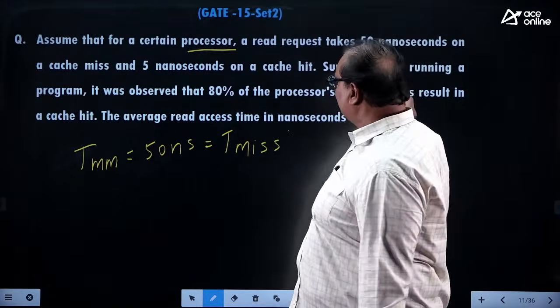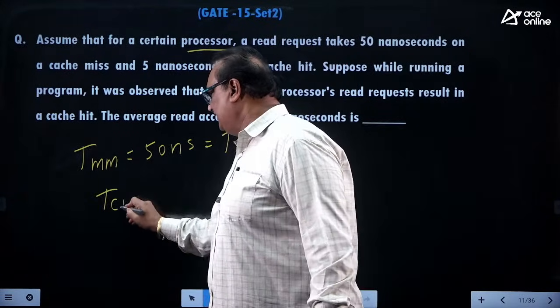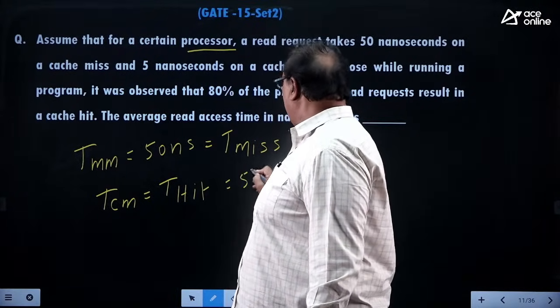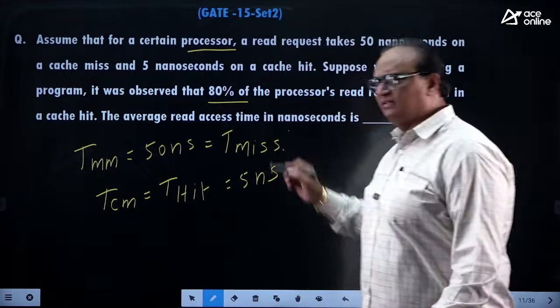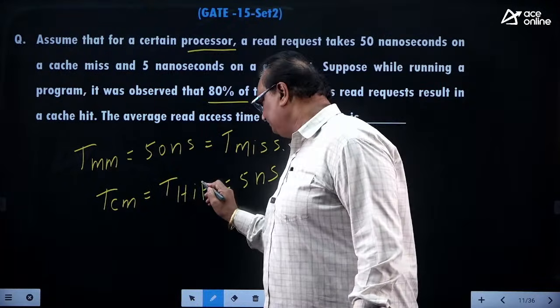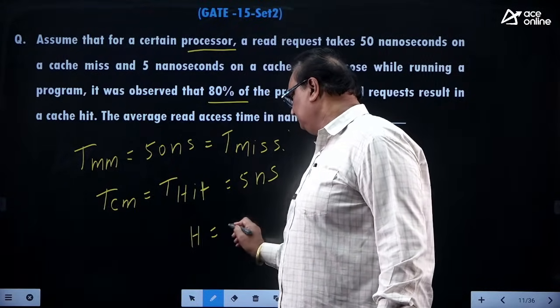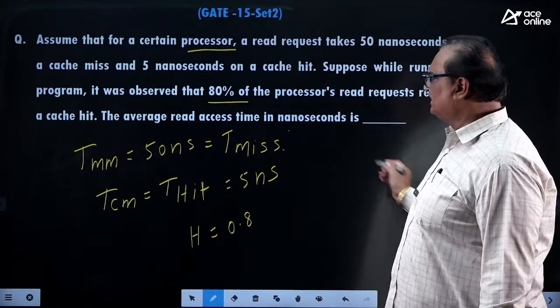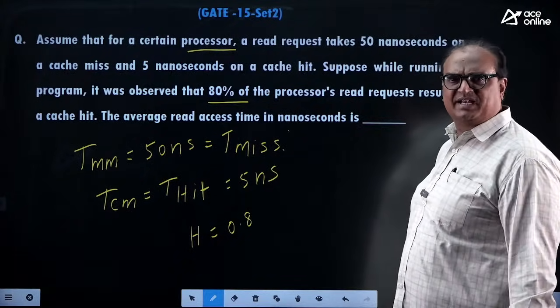Next, 5 nanoseconds on a cache hit, TCM, nothing but T hit, 5 nanoseconds. At the same time, the hit rate provided is 80%, 0.8. What he asked is the average read access time in nanoseconds, the average memory access time.